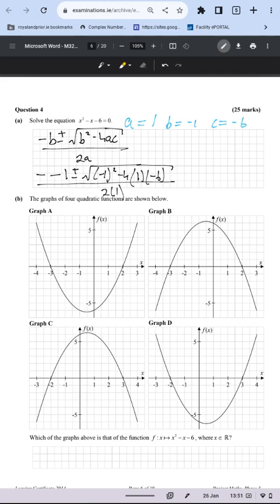And when you throw that into your calculator, you get x equal to 3 and x equal to minus 2. So remember, that's a U-shaped function with our roots equal to 3 and minus 2.